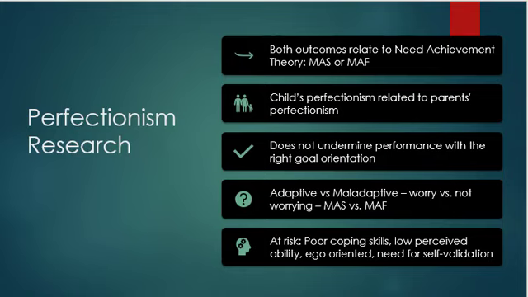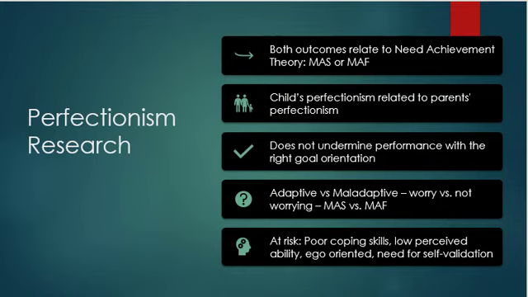And lastly, those that are most at risk for having a poor performance based on this idea of the paradox of perfectionism are those with poor coping skills, a low perceived ability, they're ego oriented, and they tend to need their outcomes to satisfy some form of self validation to make them feel good about themselves. So these are the kind of things that we want to avoid when we are working with ourselves and with others.